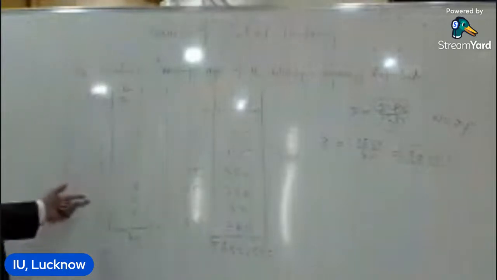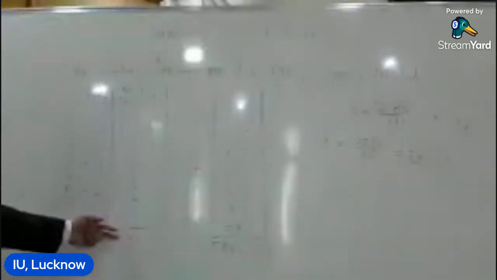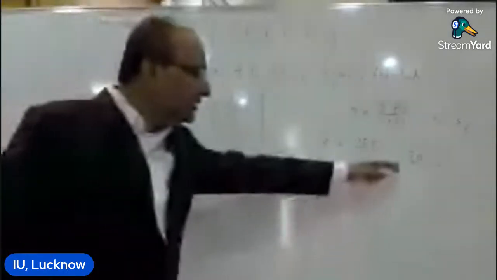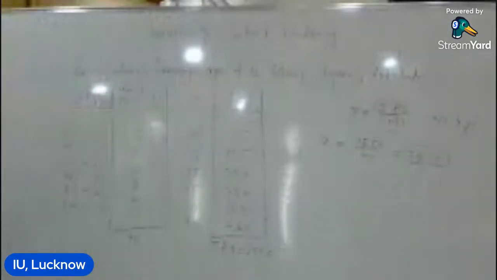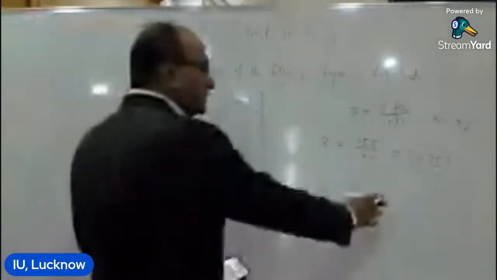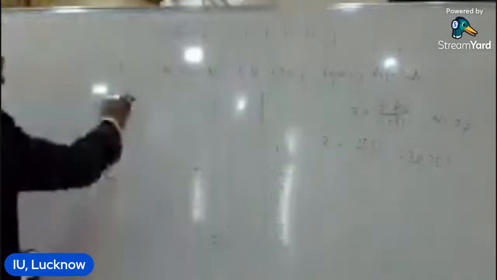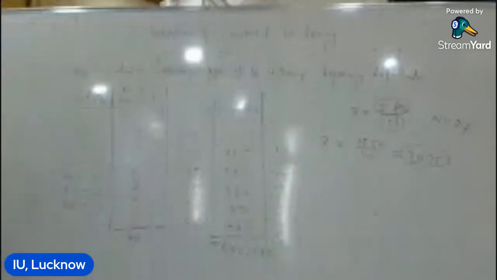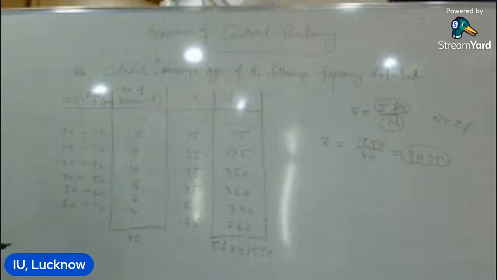For these 40 persons, the average age is 38.75. This 38.75 is the central value of this frequency distribution.